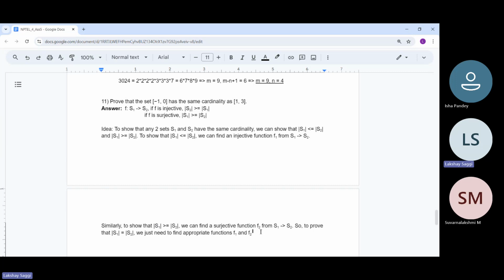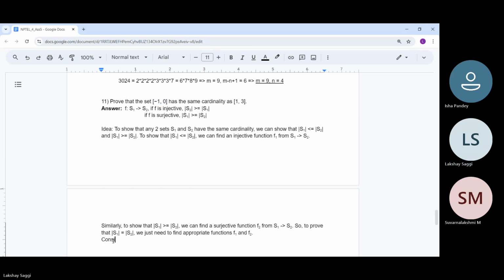So if we are able to find two such functions f1 and f2, which both go from S1 to S2, but f1 is injective and f2 is surjective, then we are done. And the two sets here are from -1 to 0.